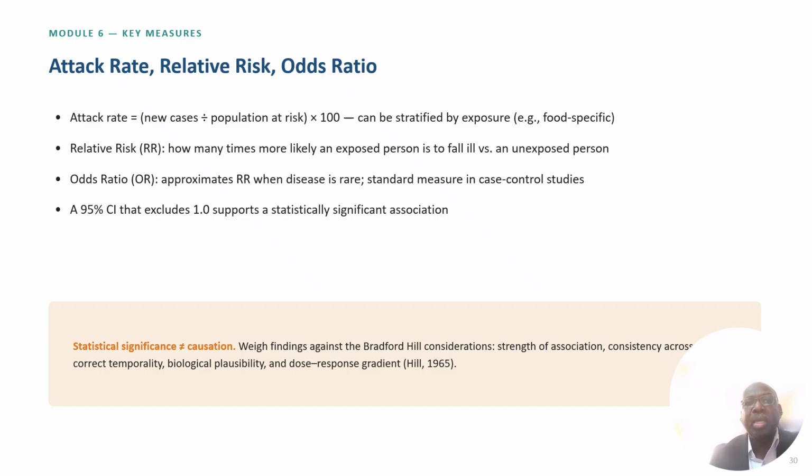Odds ratio approximates relative risk when the disease is rare, like the standardized measures in case control studies. A 95% confidence interval that excludes 1 suggests a statistically significant association. That means each one has an equal chance to have the disease.